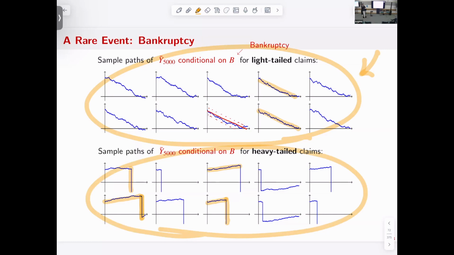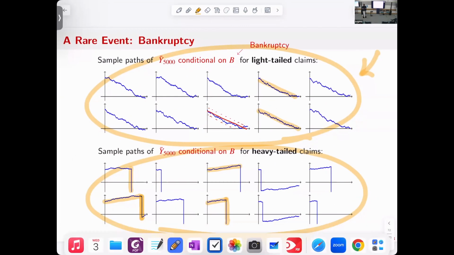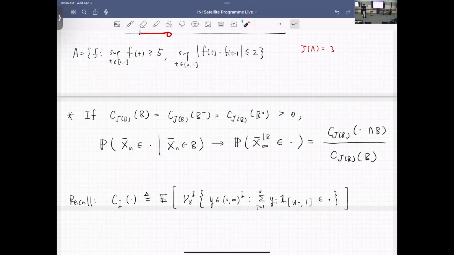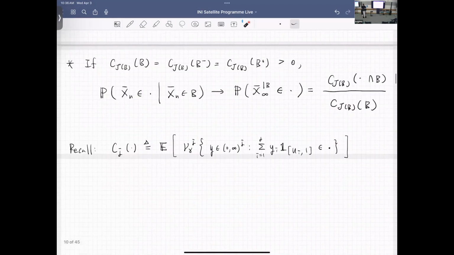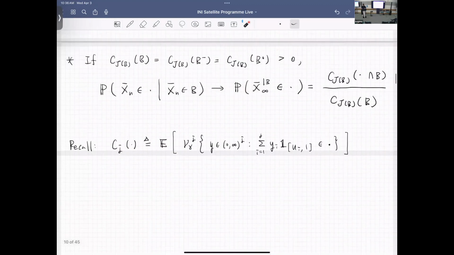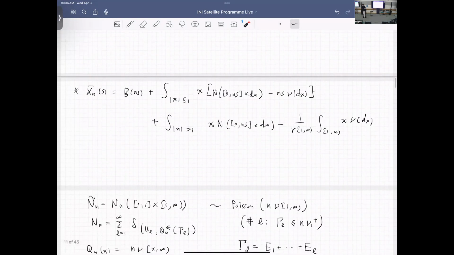We know that it happens because of the most likely reason, but the most likely reason is not deterministic; it's random, and that randomness is precisely described in this way. All right, so that's the capped large deviations.